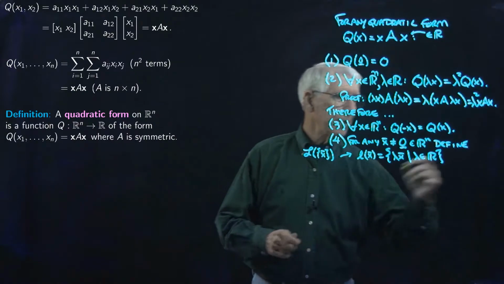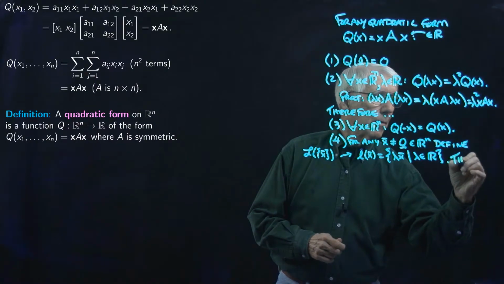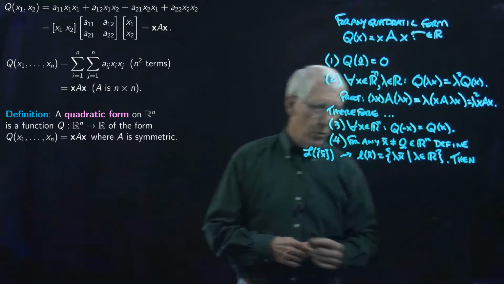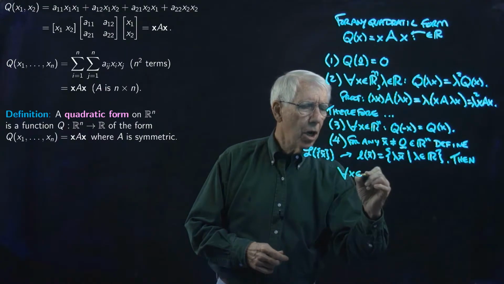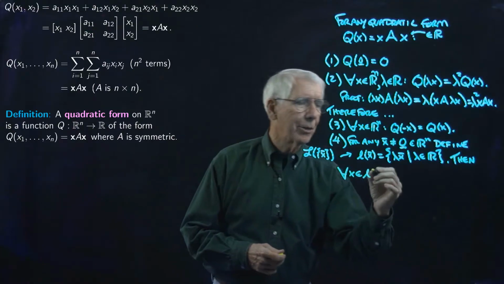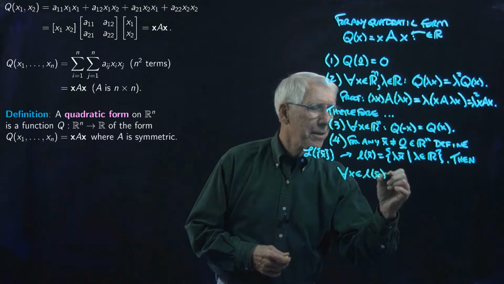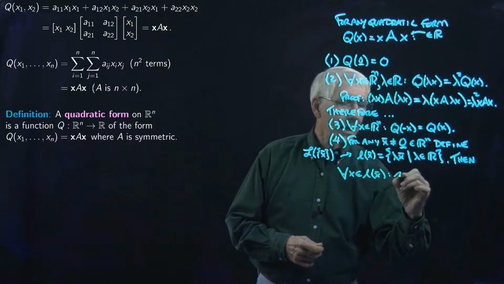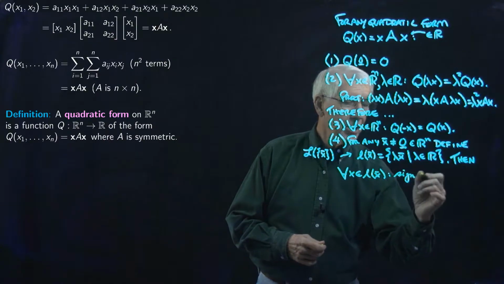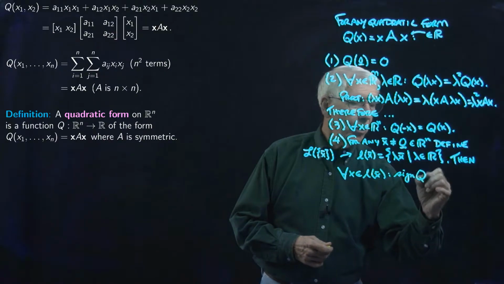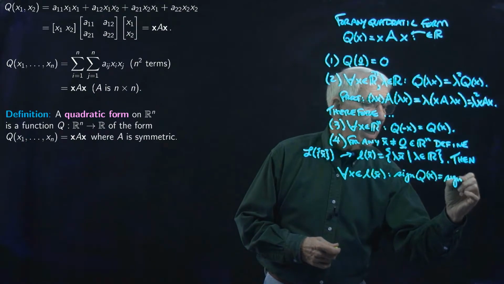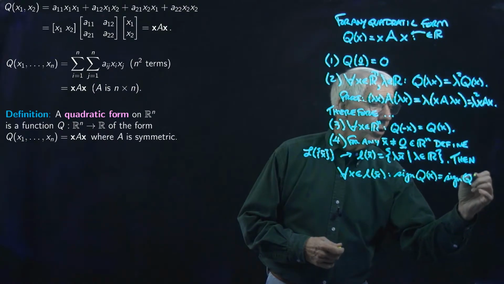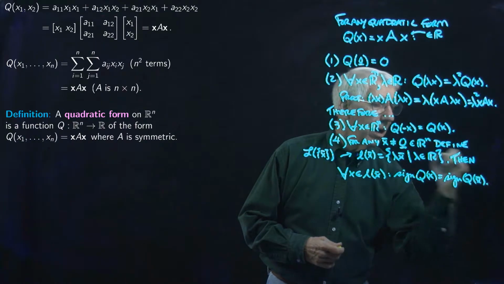So then for all x on that line, it's the case that the sign of q at x is the same as the sign of q at x bar.